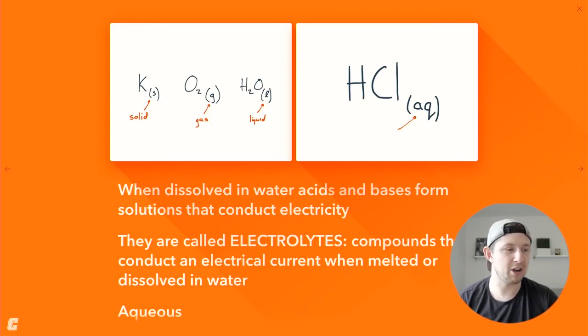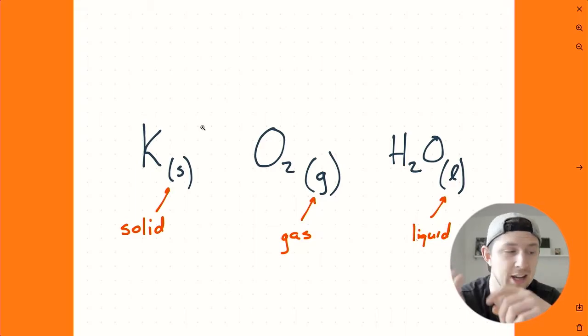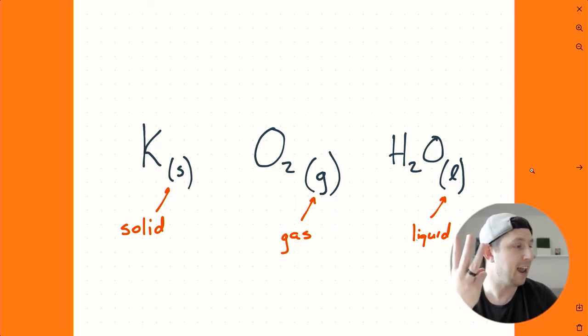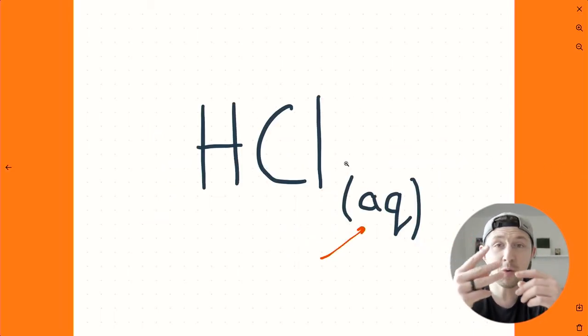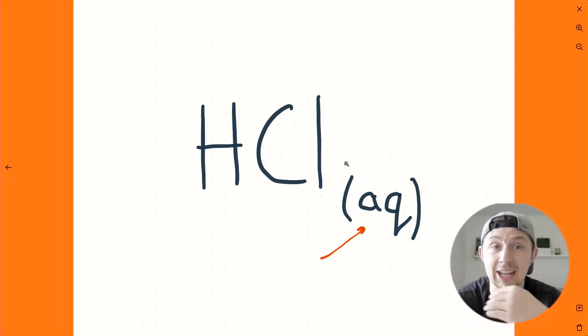And so that was really important. And this word kept coming up, this idea of aqueous. So when we look at the forms that we knew before, the states of matter, we knew about solids, we knew about liquids, we knew about gases. But aqueous is that one extra step, where aqueous are things that are dissolved in water. And in the cases of acids and bases, they create electrolytes, things that can conduct electricity.